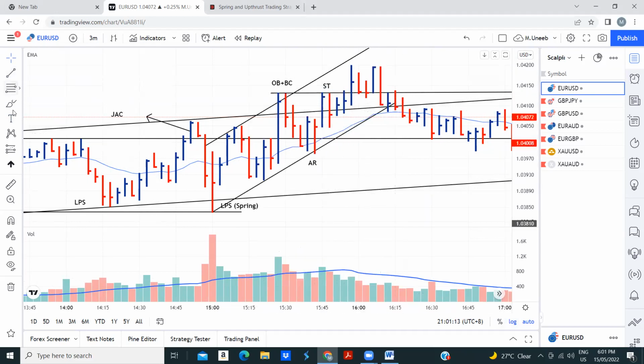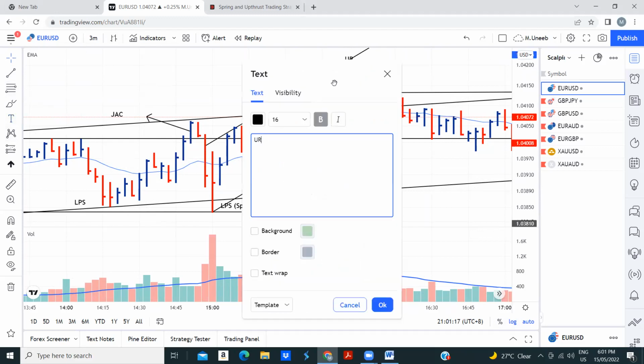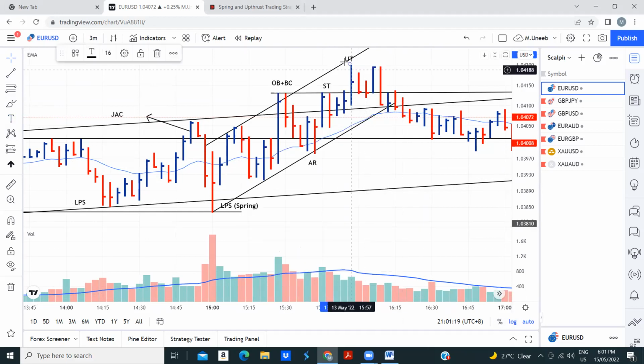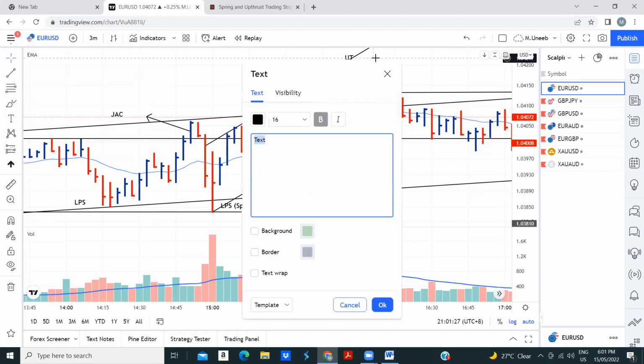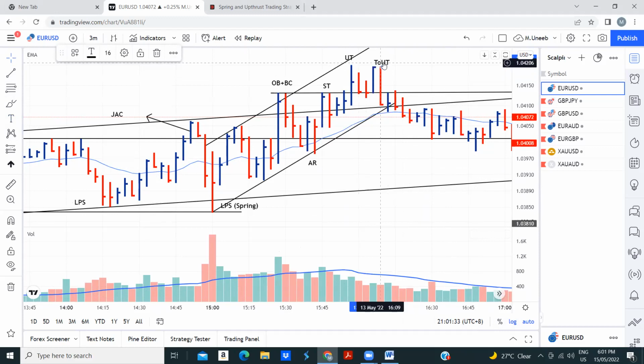This is what? Upthrust, UT. And what do we notice on the upthrust? Nothing unusual, right? And then this is what? Test of upthrust, TOUT. Okay.